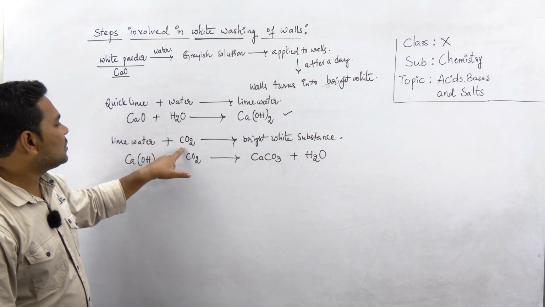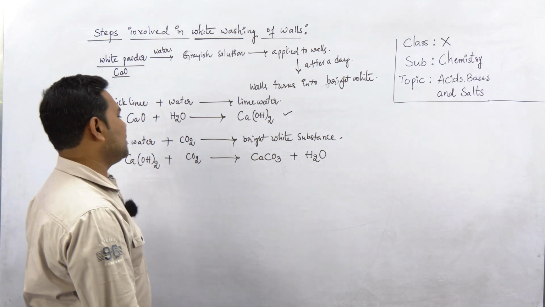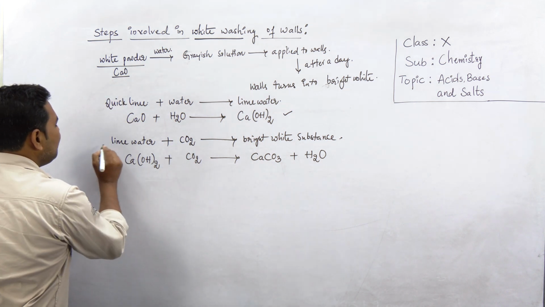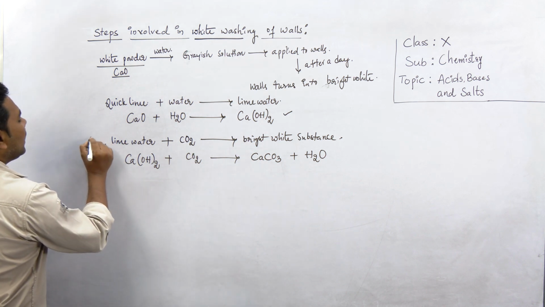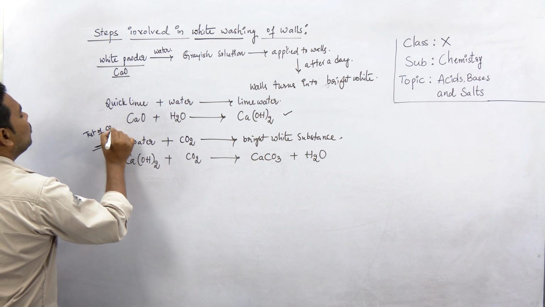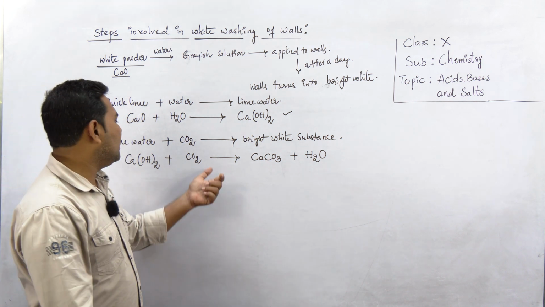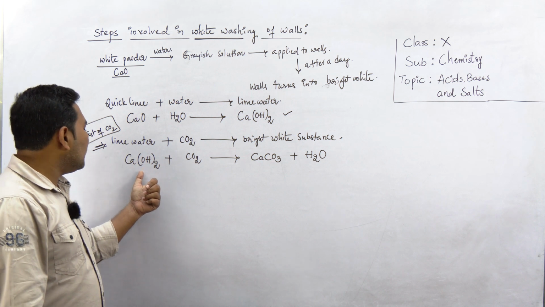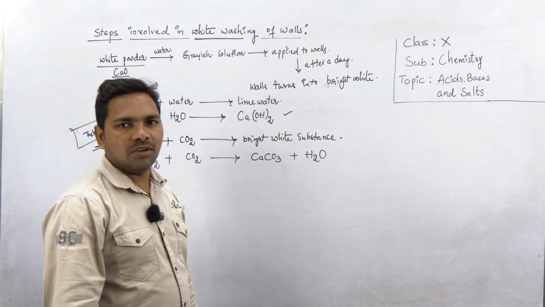Two, this lime water reacts with CO2 to produce a bright white or milky white substance. This second step is also used in the identification test of CO2. Only CO2 gas, carbon dioxide, can turn colorless calcium hydroxide solution into a milky white substance.